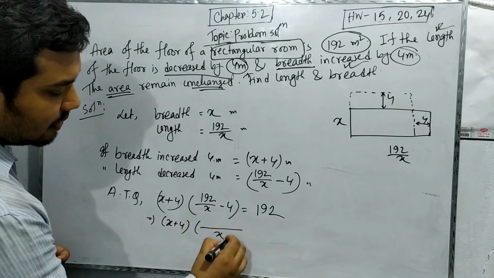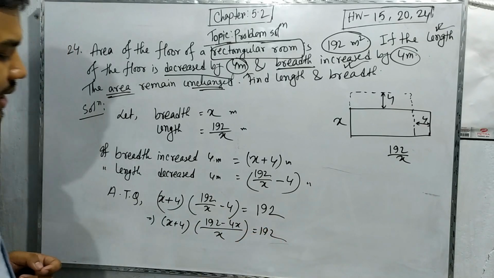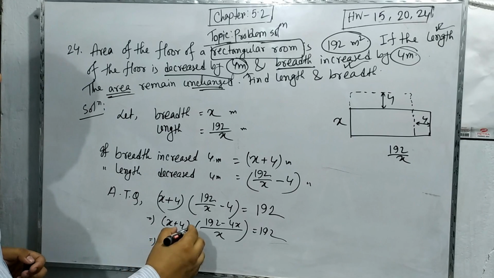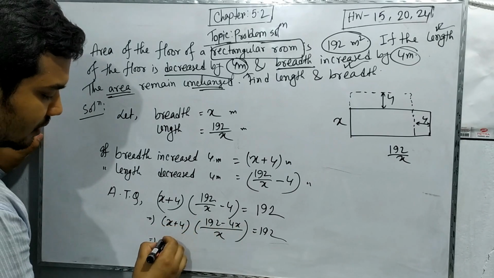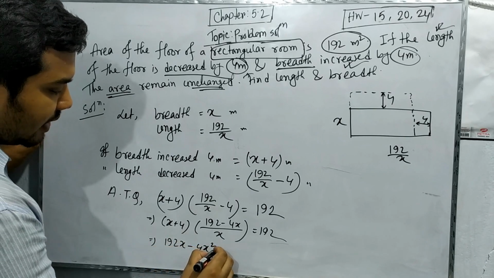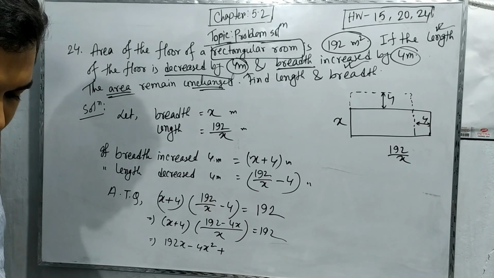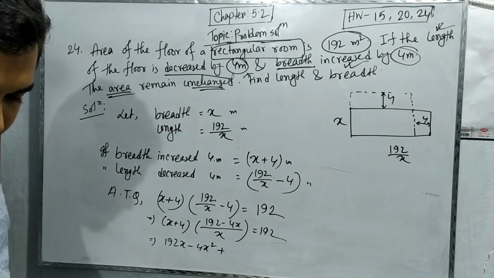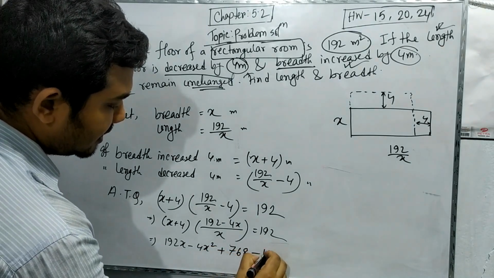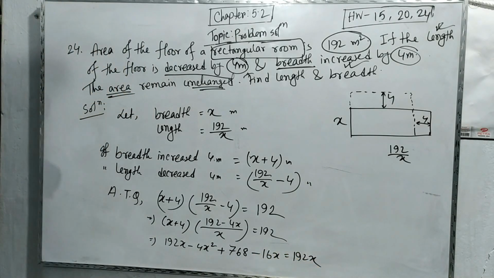So taking the LCM, then going for the calculation. So 192x minus 4x square plus 4 into 192, what will that be? 4 into 192 will be 768, minus 16x equals 192x.